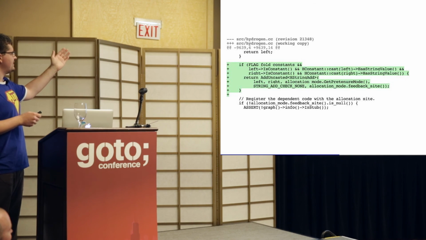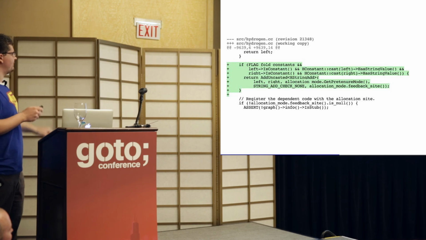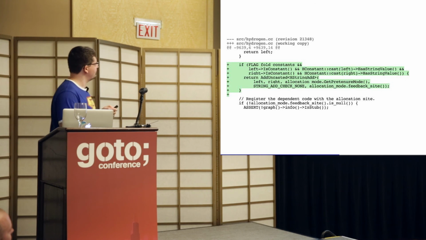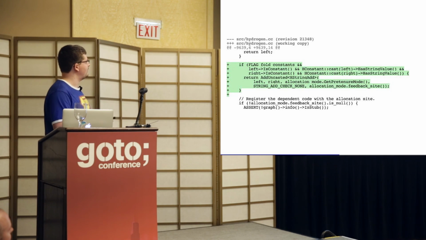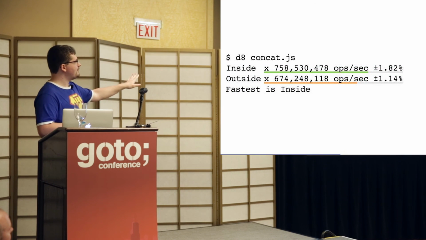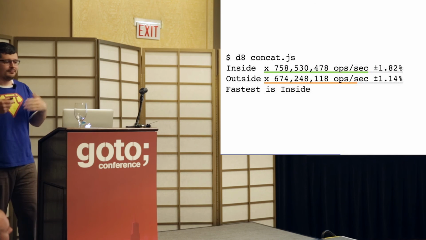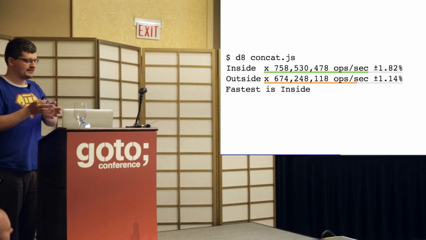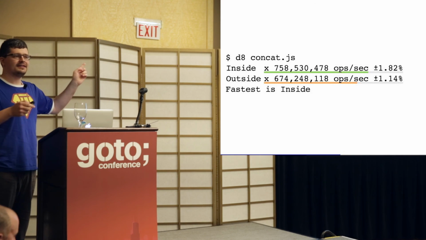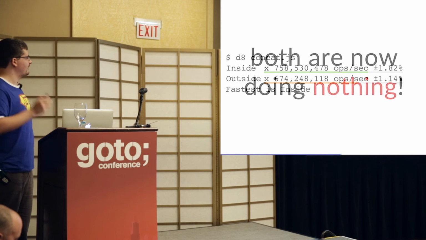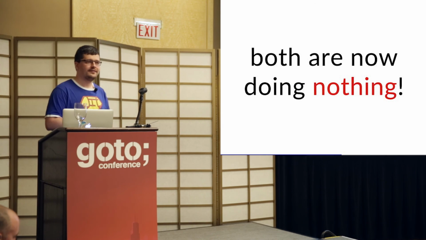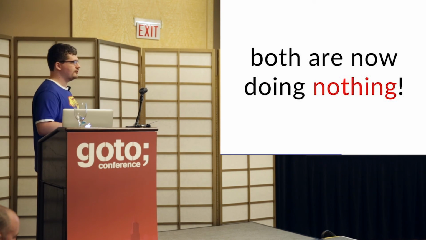Basically, you can see it's like 10 lines of code, 8 lines of code, even better. And after fixing it, inside and outside become the same speed. But we should remember, everything that is this fast is empty. Both are now doing nothing. So scratch this benchmark, move to a better one.